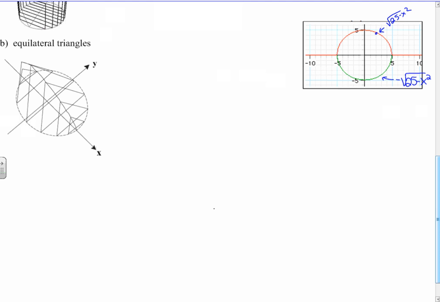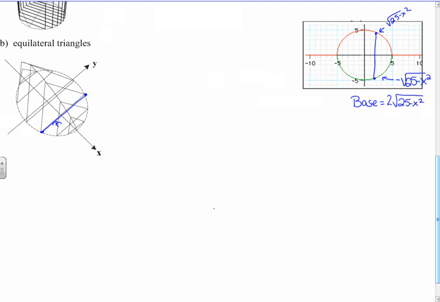For the total distance across, we did a calculation before and found that the base length was 2 square root 25 minus x squared. That's going to be the same distance across my circular base.